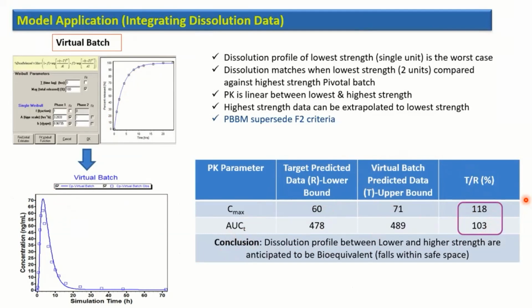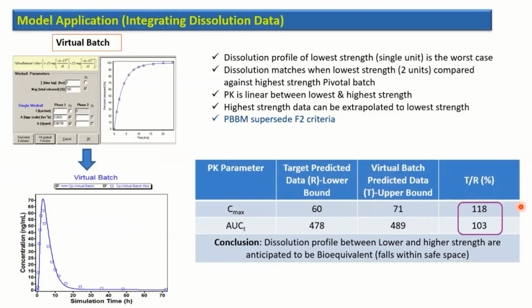So as per the US FDA 1997 guidance, since the predicted Cmax and AUC between the virtual batch and the pivotal biobatch differ by no more than 20%, bioequivalence between the virtual batch and the pivotal biobatch is concluded. Since the dissolution profile of our lower strength is in between the biobatch and the virtual batch, it will also be bioequivalent.